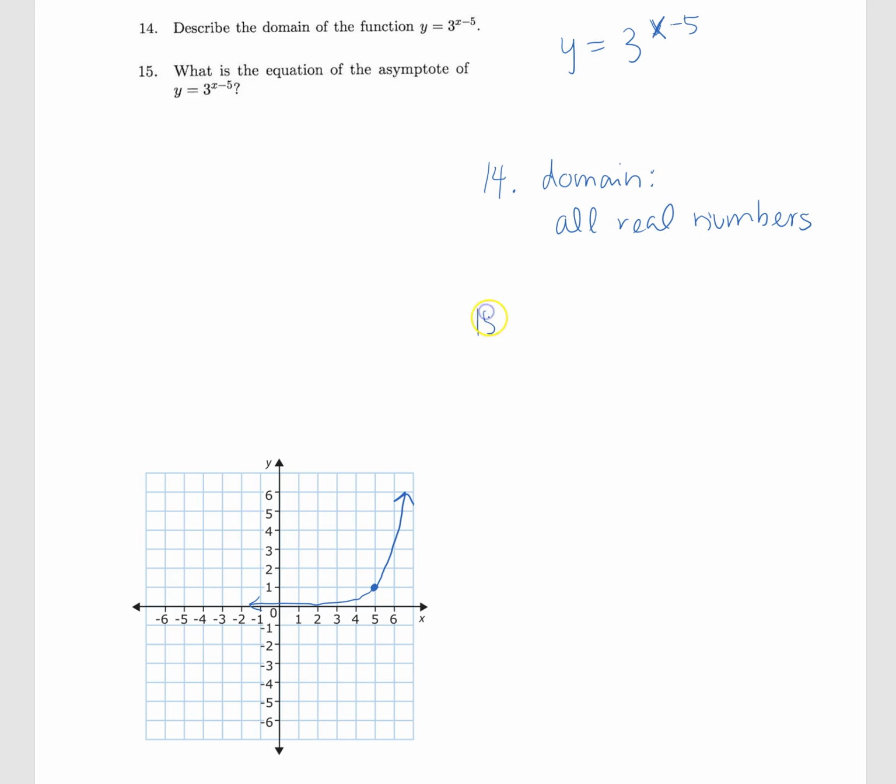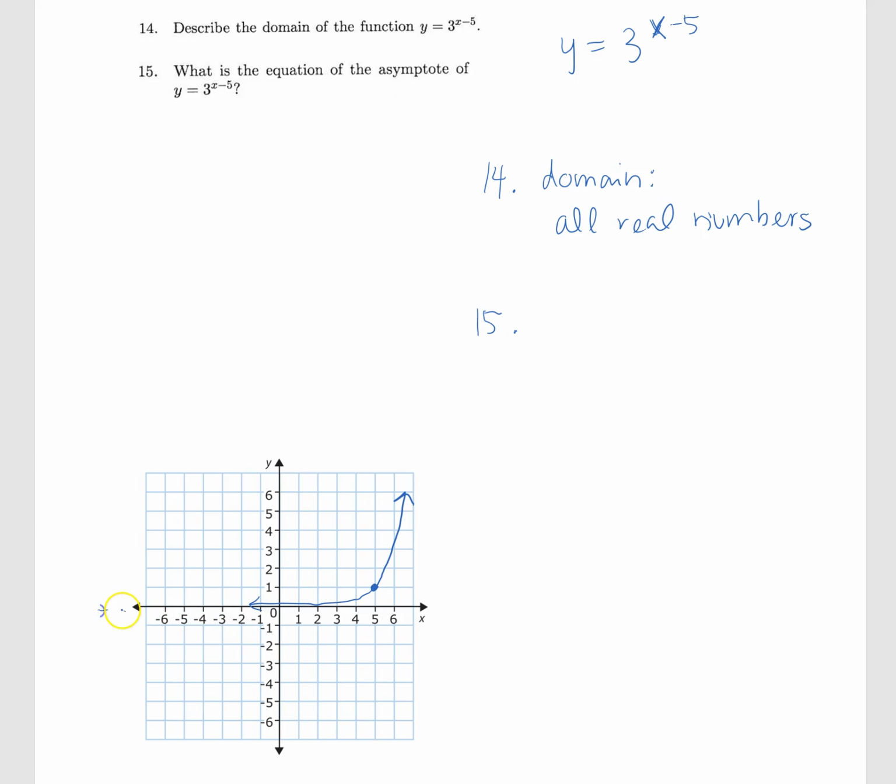Looking at question 15, the equation of the asymptote of this function is the equation of the line that this function approaches but never quite reaches. As we've just said, this function on the left side is approaching the line y equals 0, or the x-axis, but it's never quite getting there.